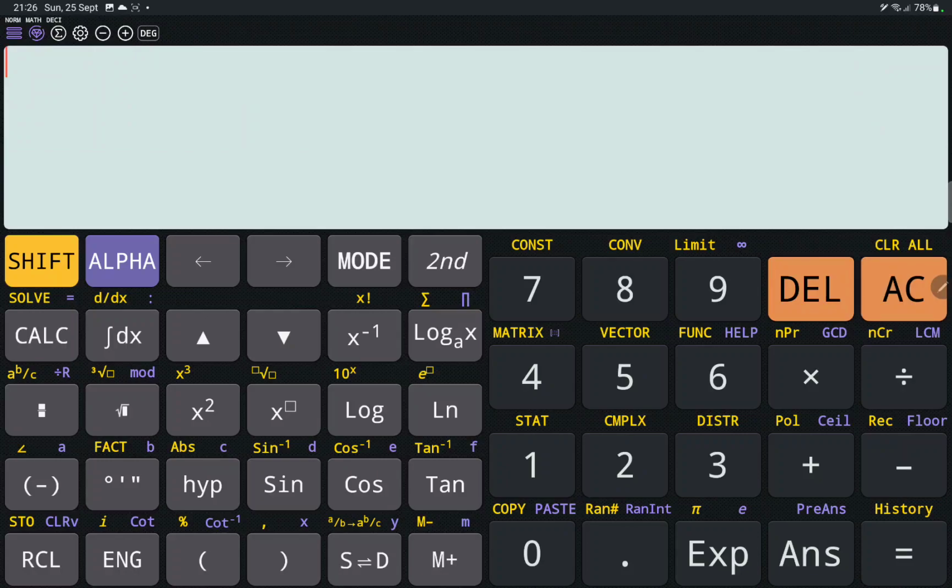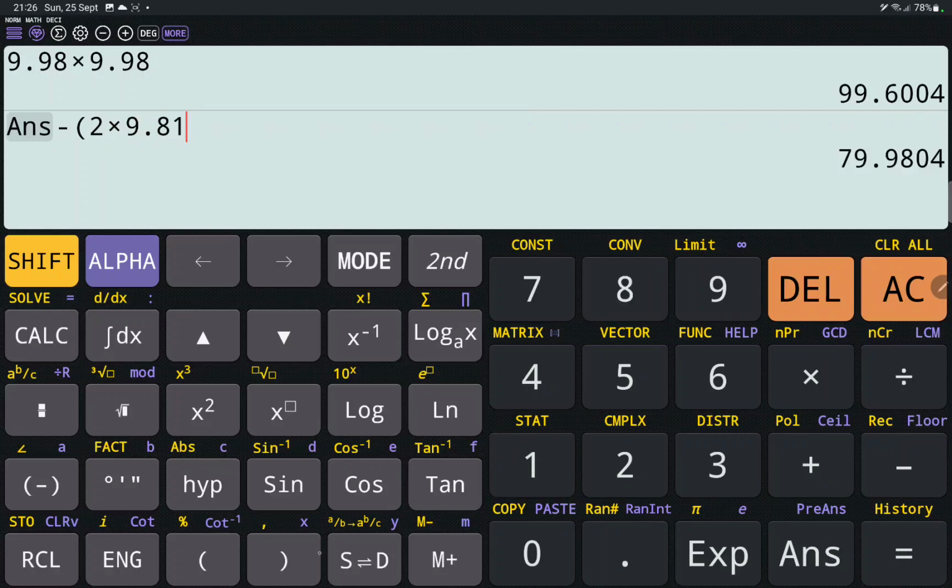Okay, fine, again, 9.98 times 9.98, minus 2 times, okay, sorry, let's put brackets better, 2 times 9.81, and this is times 4.88.